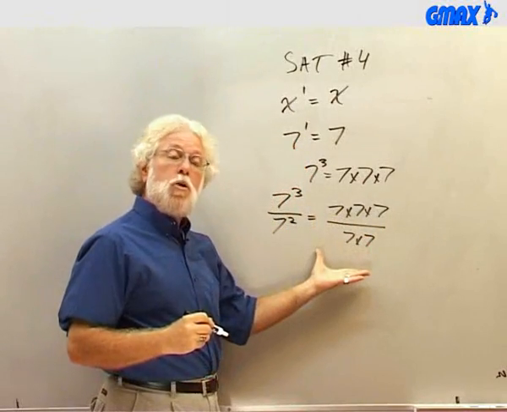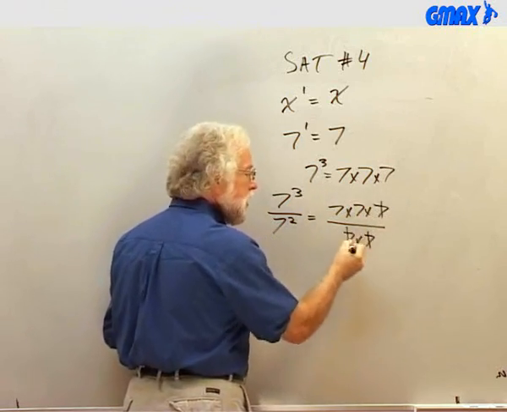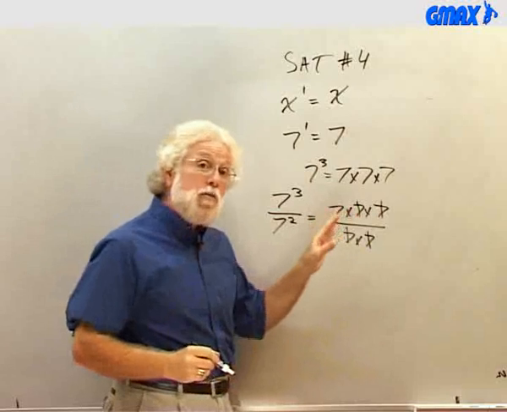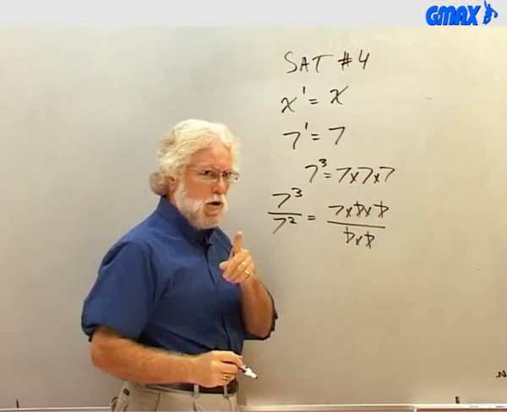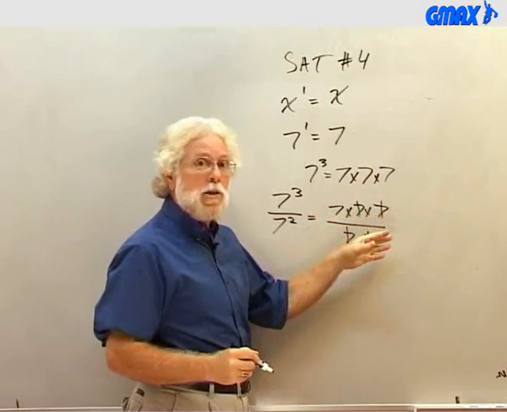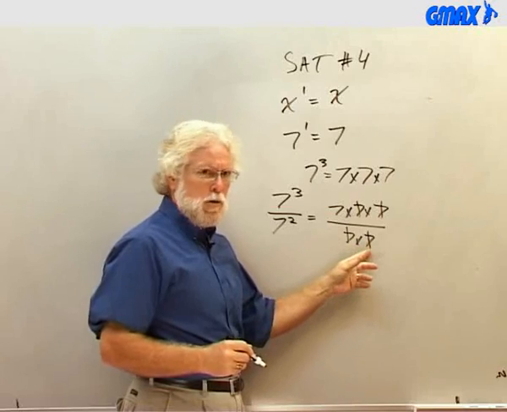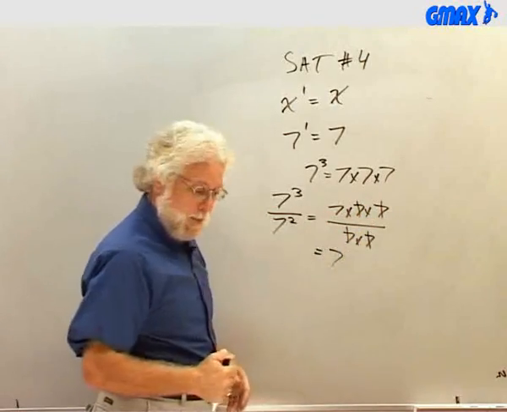It's a fraction. We can cancel. So 7 cancels 7, 7 cancels 7. Anything divided by itself is always equal to 1, not 0. So this really reduces to 7 times 1 times 1, over 1 times 1, which is still 1. So this is equal to 7.